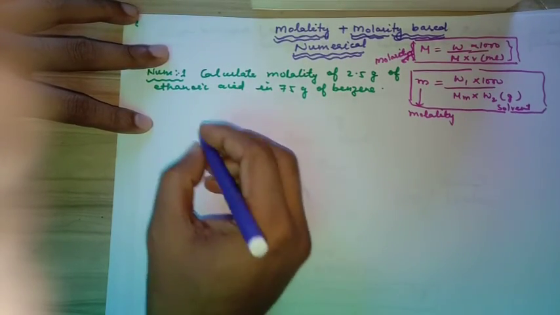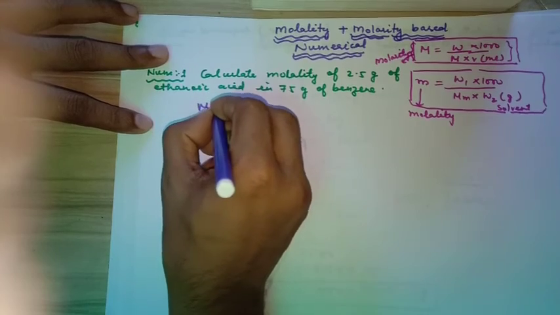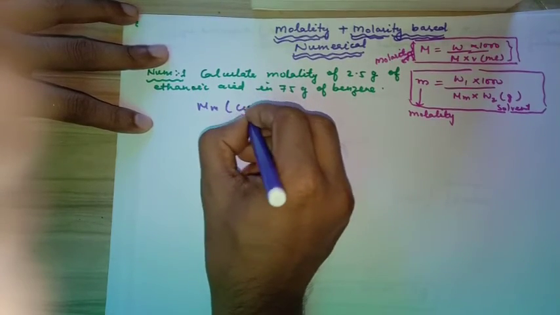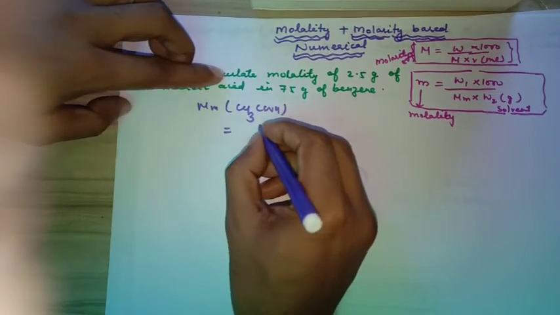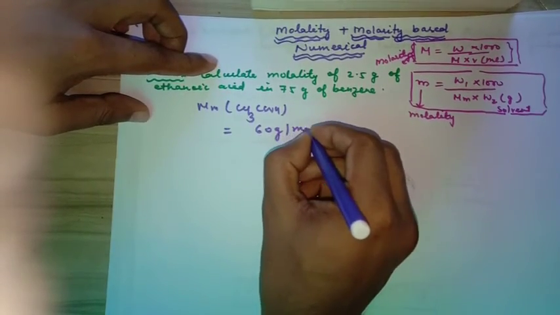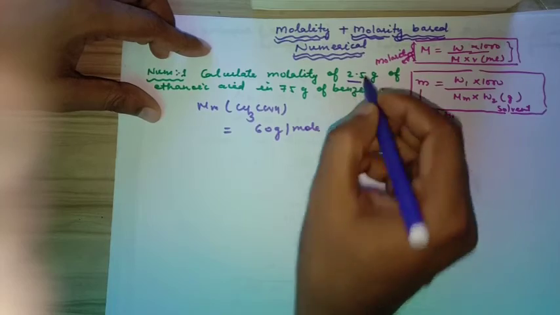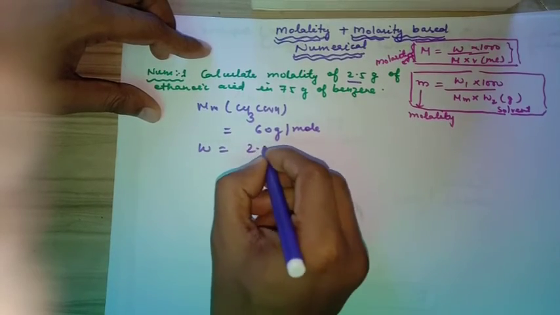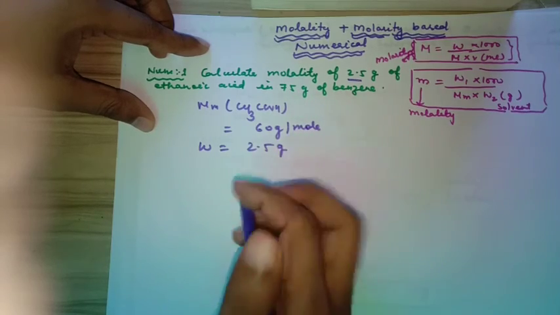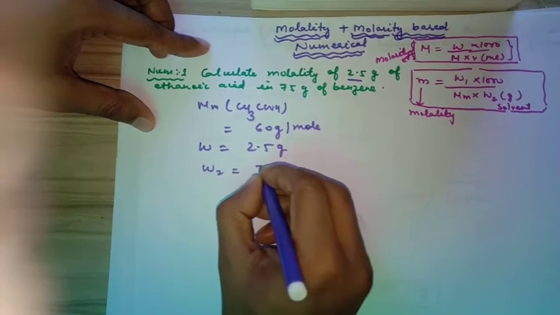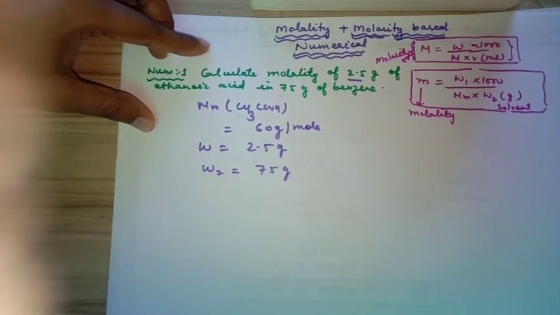So let's find the molar mass of ethanoic acid. That will be 60 gram per mole. Acetic acid it is. Now weight of solute is given as 2.5 gram, and mass of solvent, that is W2, is given as 75 gram.